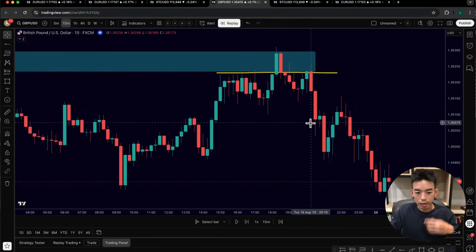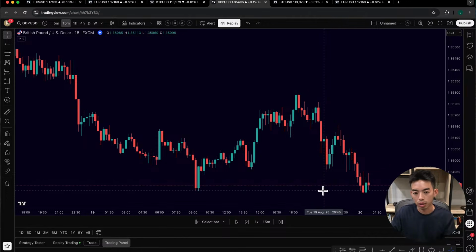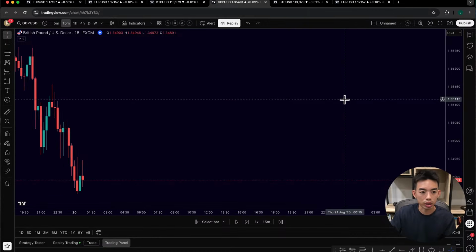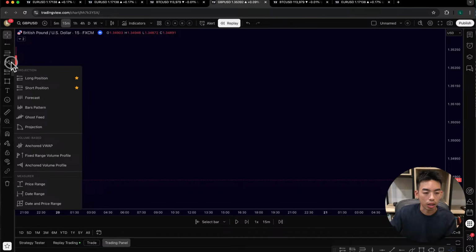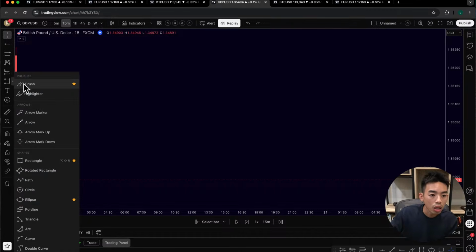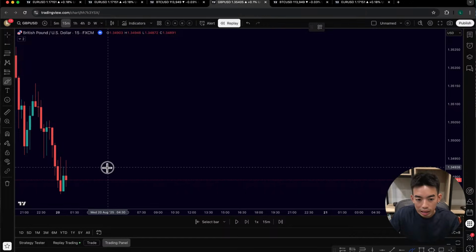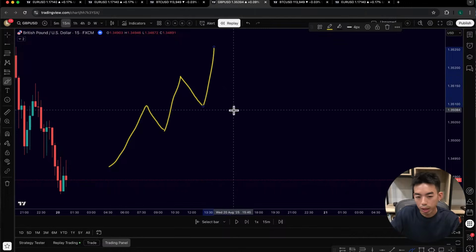Okay. Now, in terms of the exits, a rule of thumb, something that I personally do, is always getting out at the recent low. Because essentially we're just doing this, right? If I draw your attention to my drawing tool, essentially we are trading an uptrend.